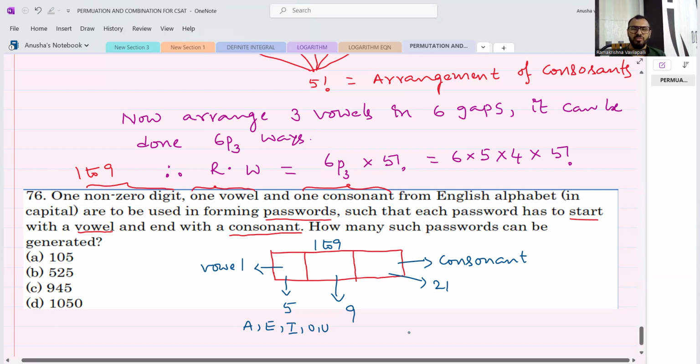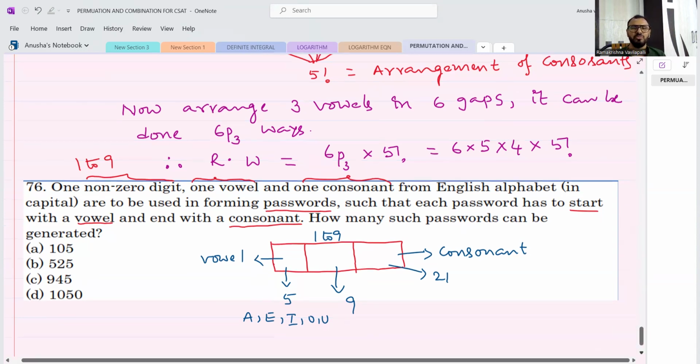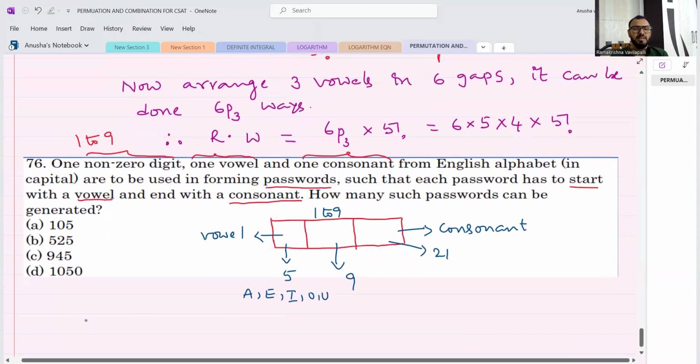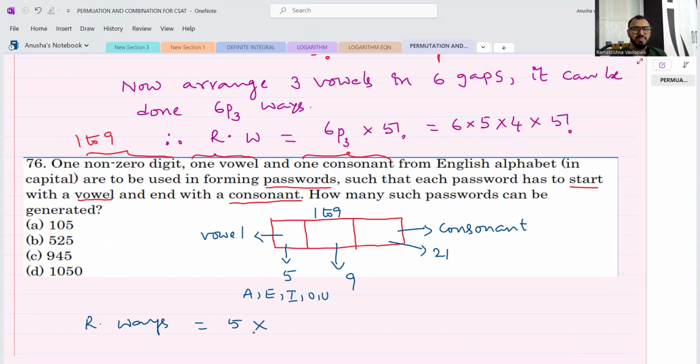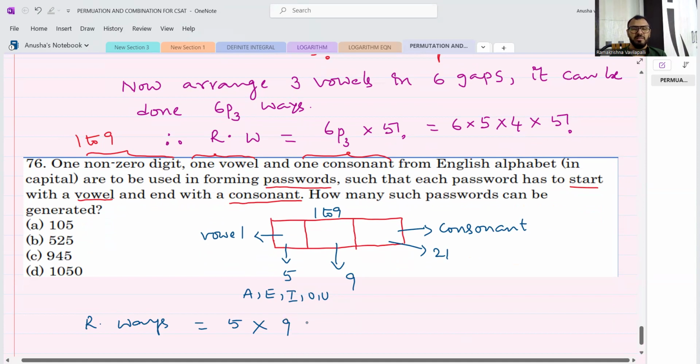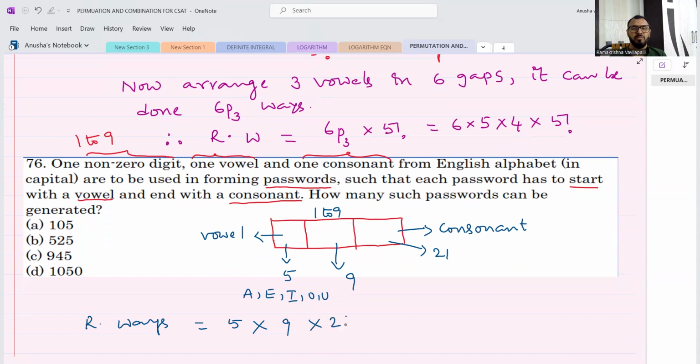Well, so therefore the required number of ways equals: the first place can be filled in 5 ways, that is by a vowel. The second place can be filled in 9 ways, that is by a non-zero digit. And the third place can be filled in 21 ways.